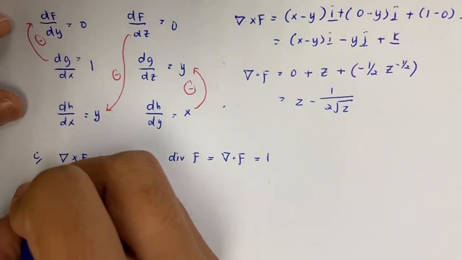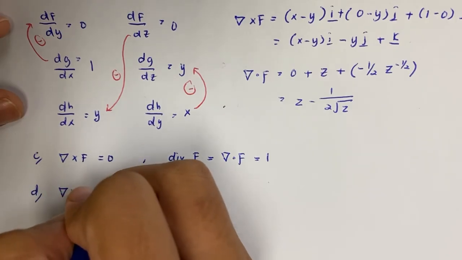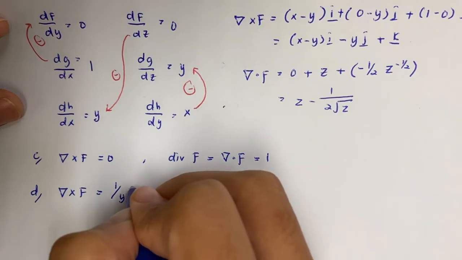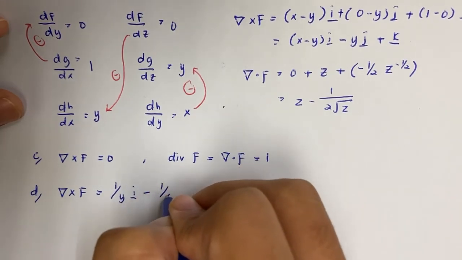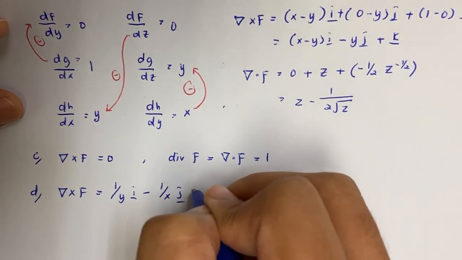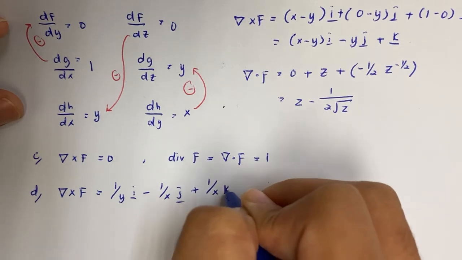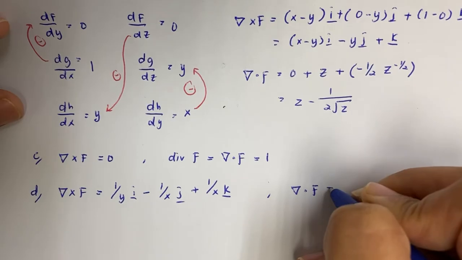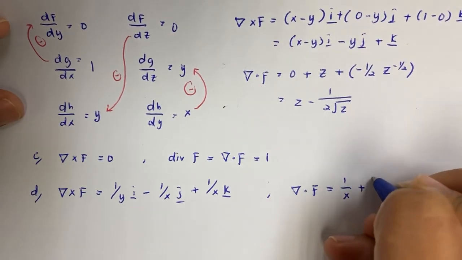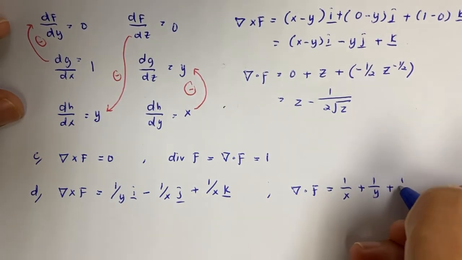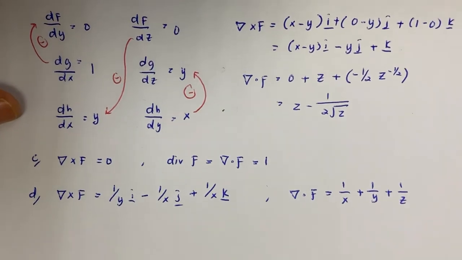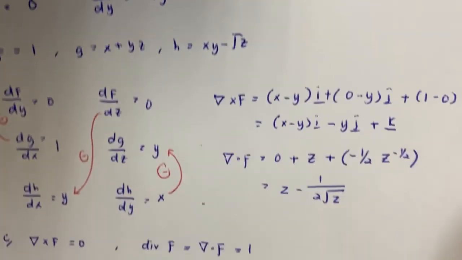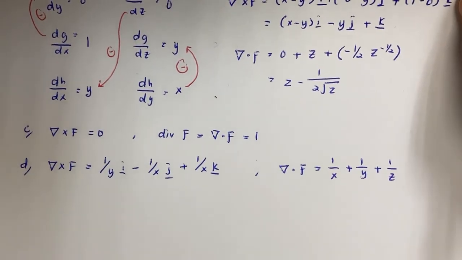And for D, the curl is equal to 1 over y i minus 1 over x j plus 1 over x k. And for divergence, D is equal to 1 over x plus 1 over y plus 1 over z. Try to do these two questions and check your answer with mine.